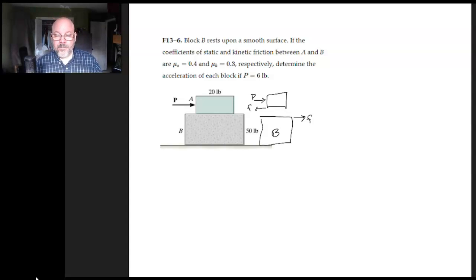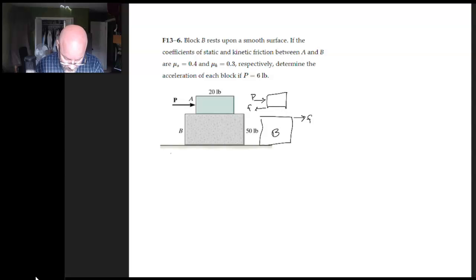Since it's really the friction that is going to accelerate B, let's suppose that was the only thing in this whole scenario, B and some friction. If we have that as our scenario, then we can write something like this.